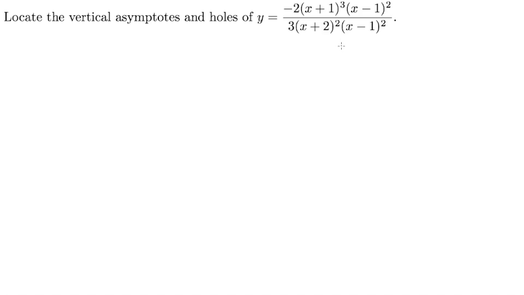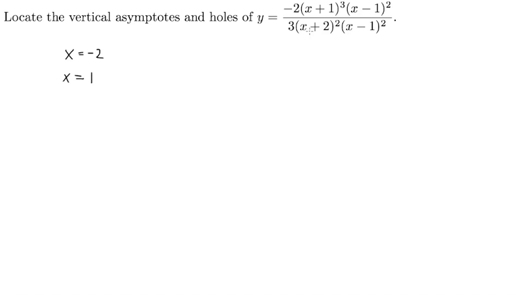What we need to do is look at the denominator. Wherever the denominator is 0, that's where we want to look. So look at the locations of the zeros. We have this x plus 2 term, so x equals negative 2 is a location where the denominator is 0, and x minus 1, so x equals 1, is also the location of a 0 in the denominator.